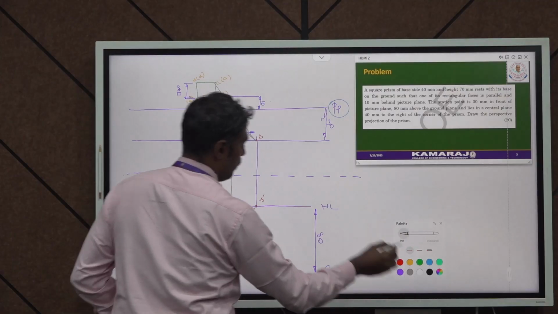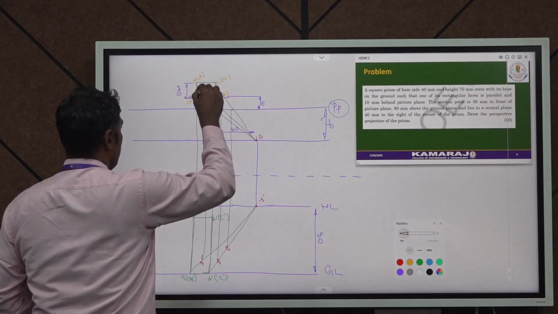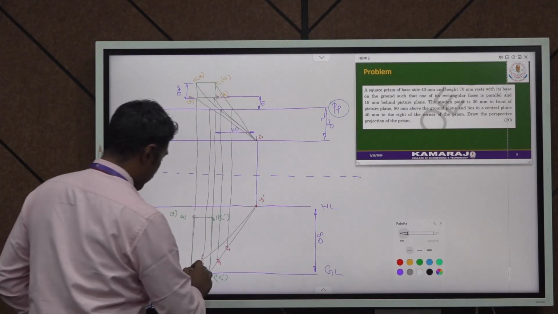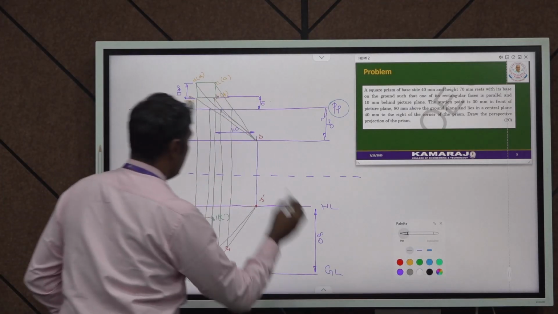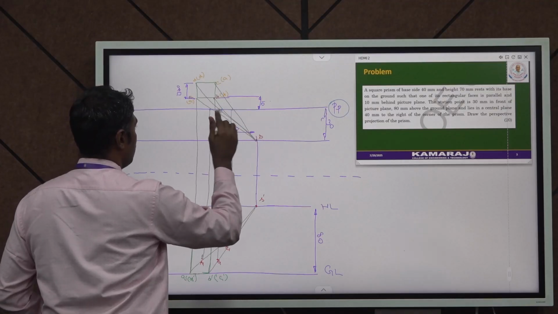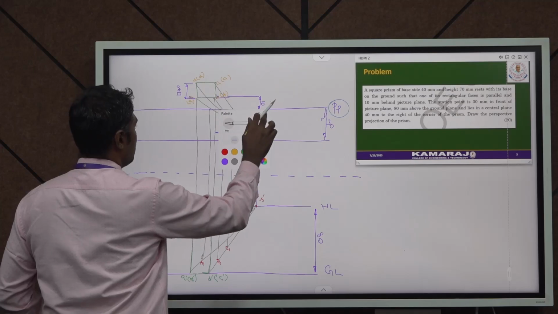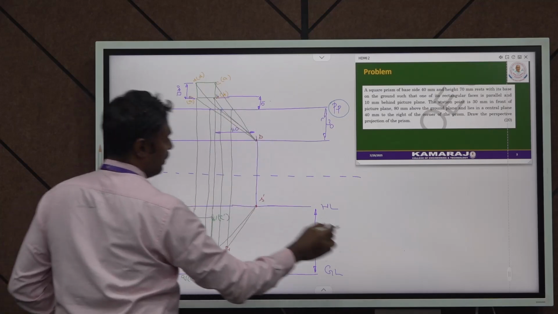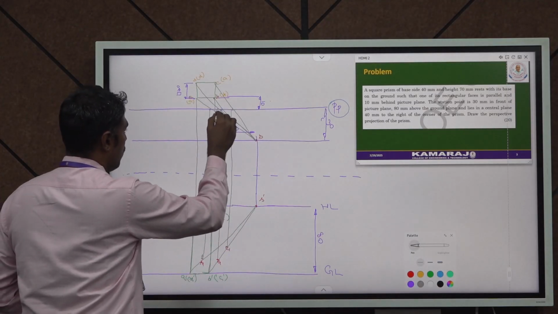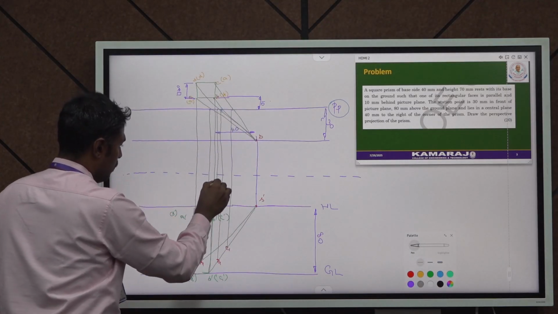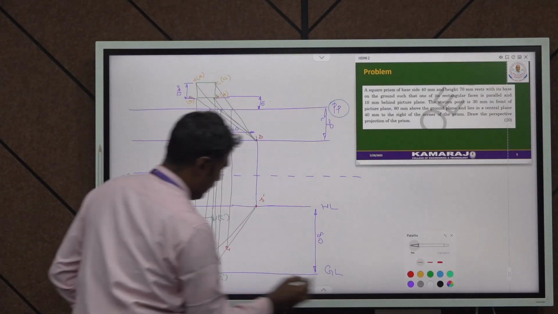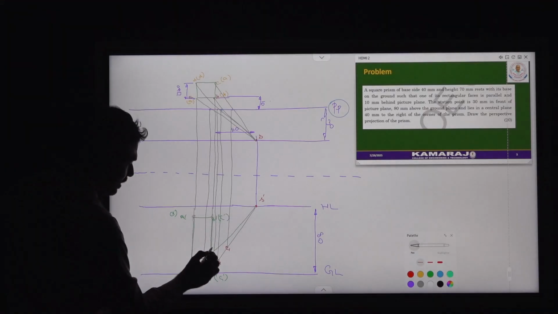Similarly from D1 I am going to locate this, and from D1 the line is already there. So here you have one point of intersection line, the point of intersection with respect to the picture plane, and from this I am going to draw one projection line, and it interconnects at this D1 to S1 dash line.